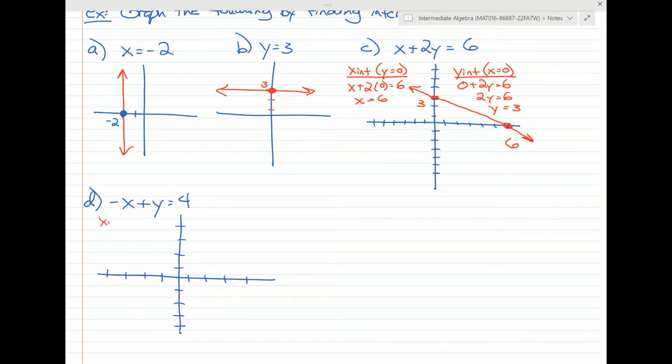If we want the x-intercept, we just put 0 in for y. If y is 0, negative x would be 4, so x is -4. To get the y-intercept, we put 0 in for x, and we just get y is 4. Here's your line.